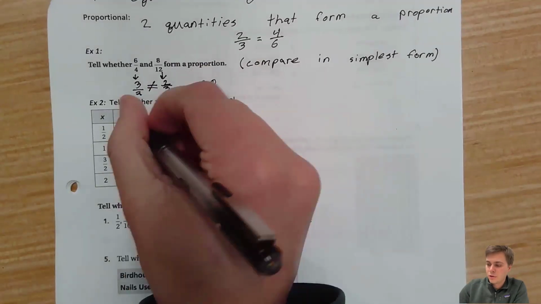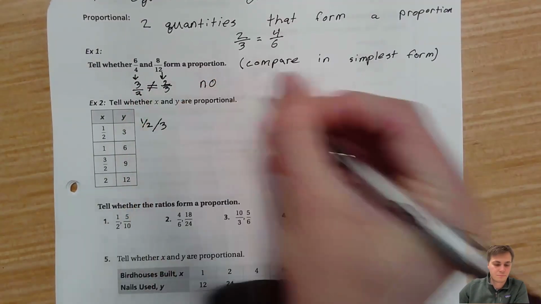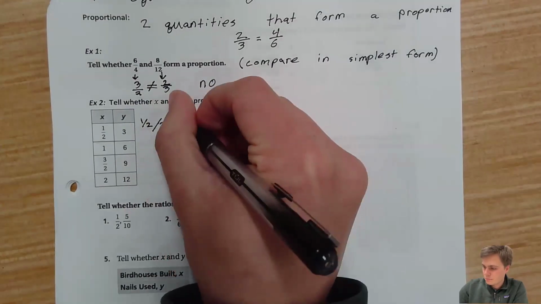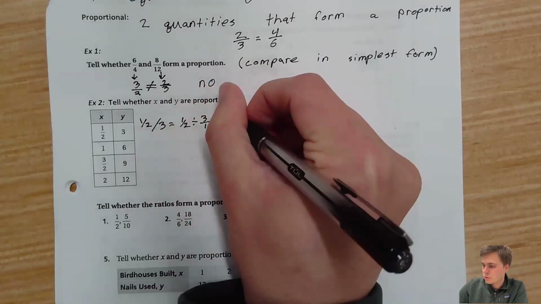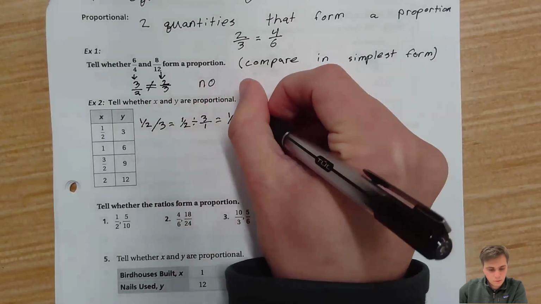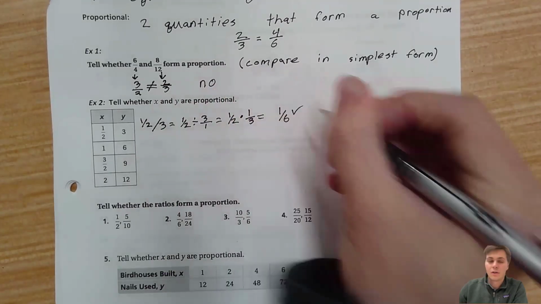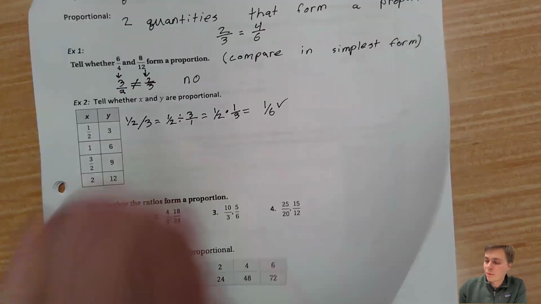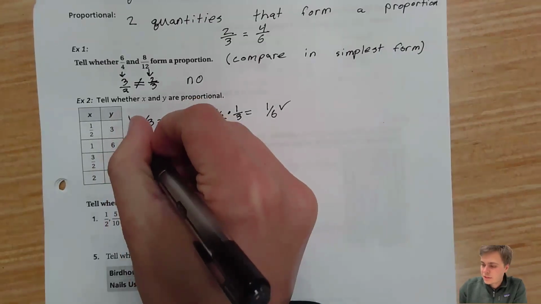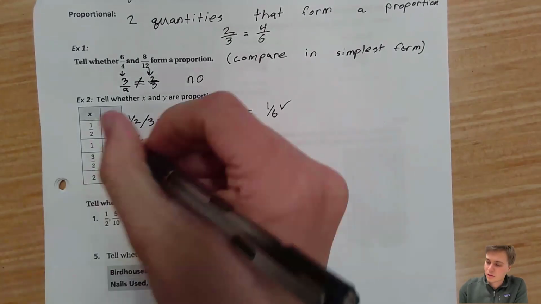Let's first take X divided by Y, so 1/2 over 3. Well, 1/2 over 3 is 1/2 divided by 3/1, which is equal to 1/2 times 1/3, which is 1/6.